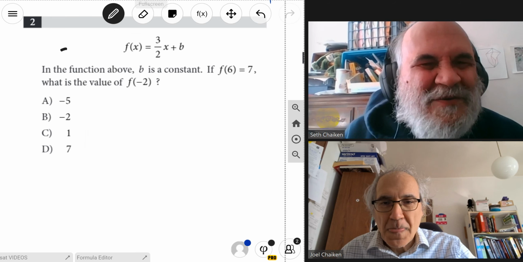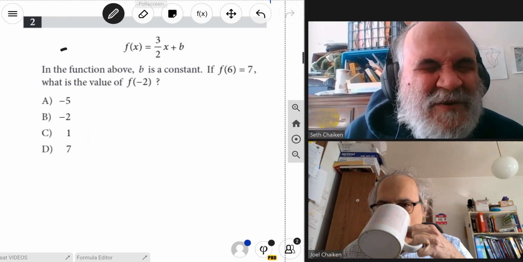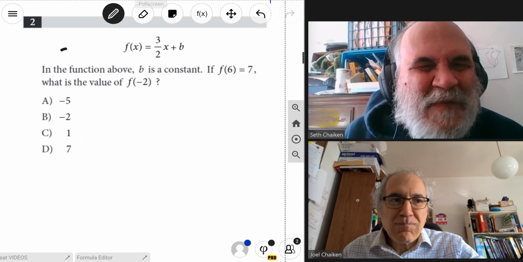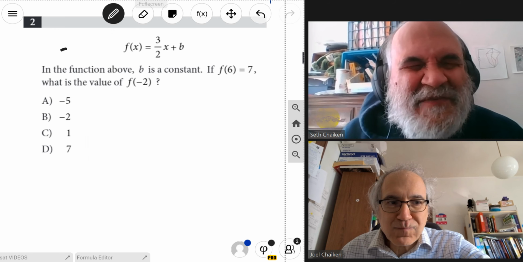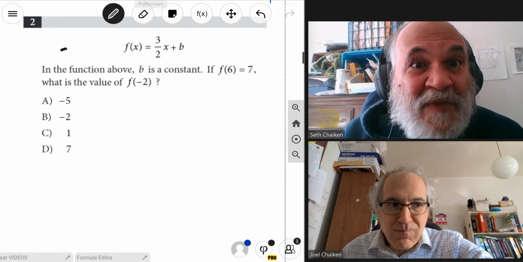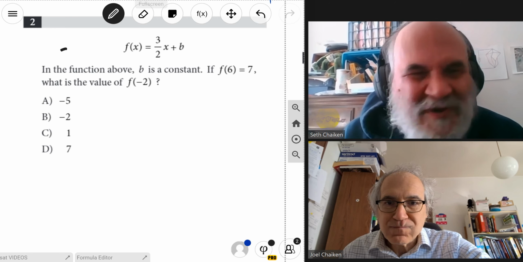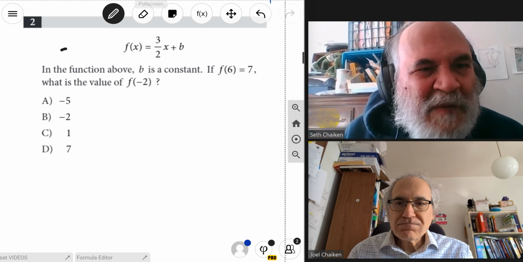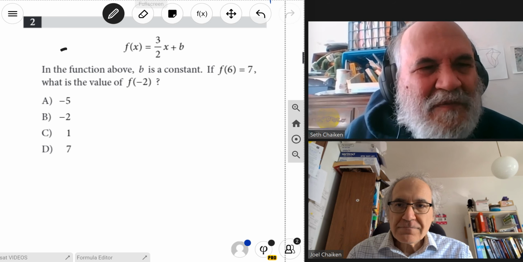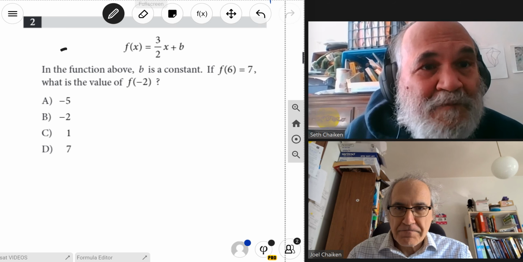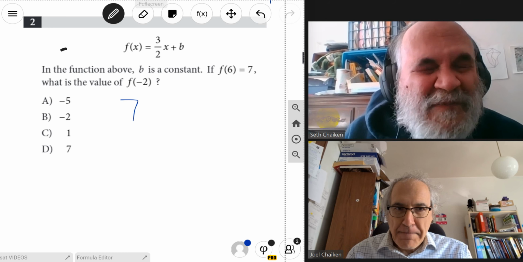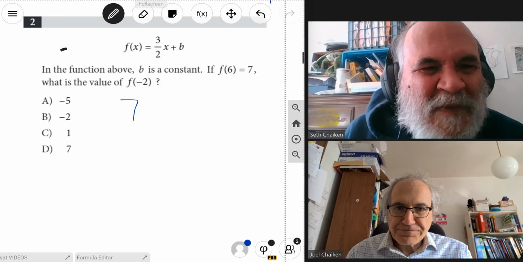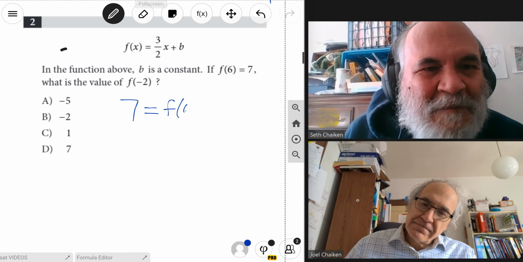Let's follow the nose. They tell you what f of x is, and they tell you that f of 6 equals 7. So you just write it out carefully, rather than try to do it in my head. 7 equals f of 6.